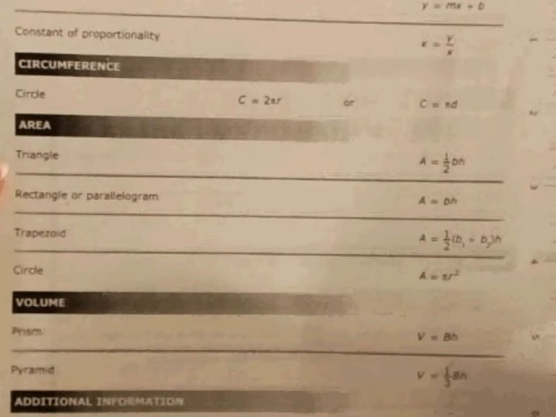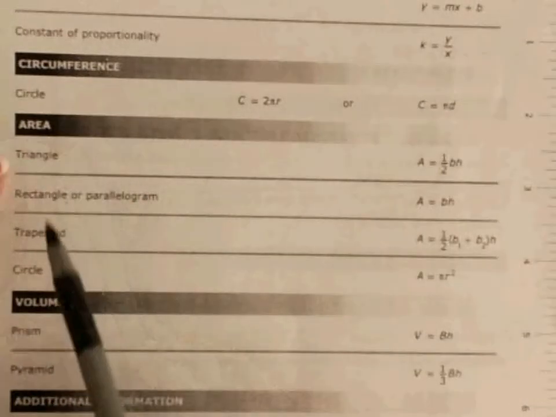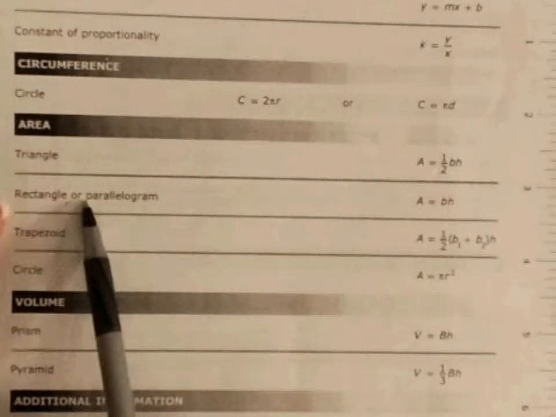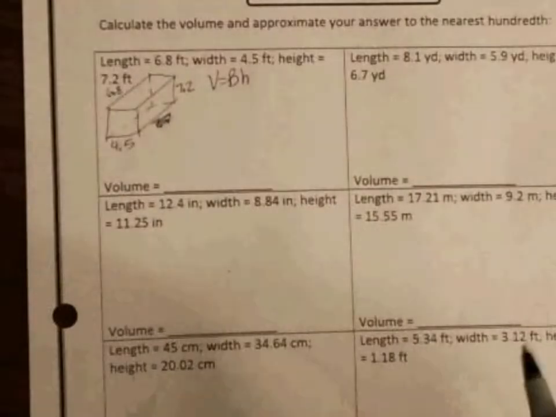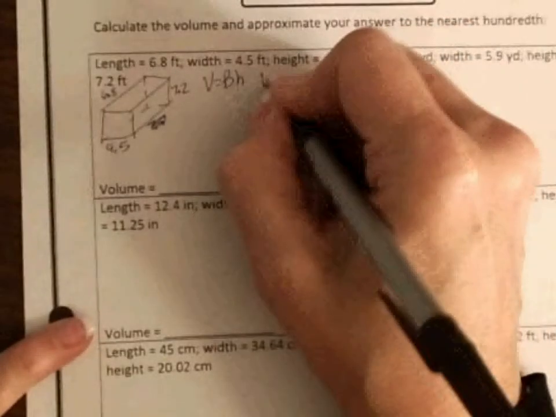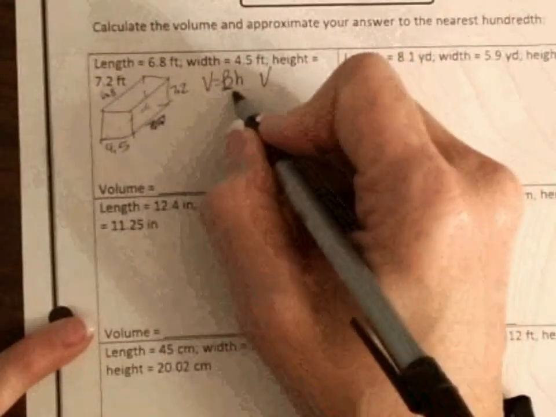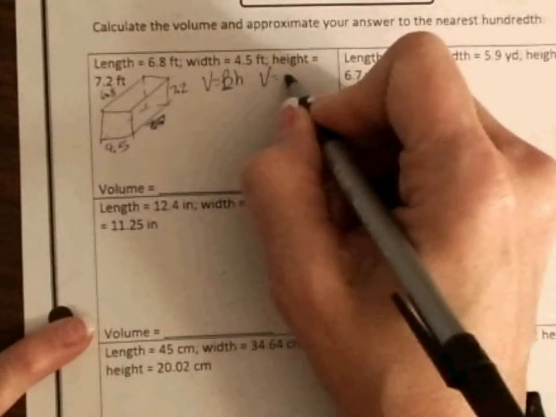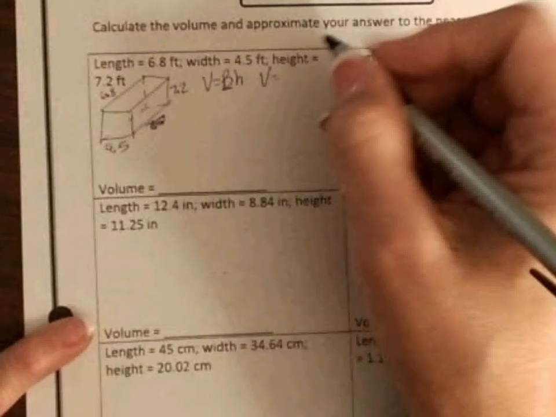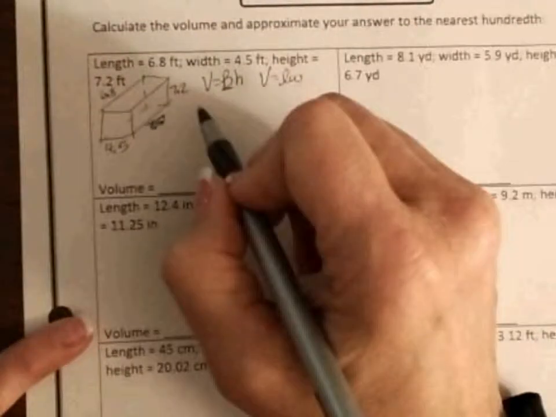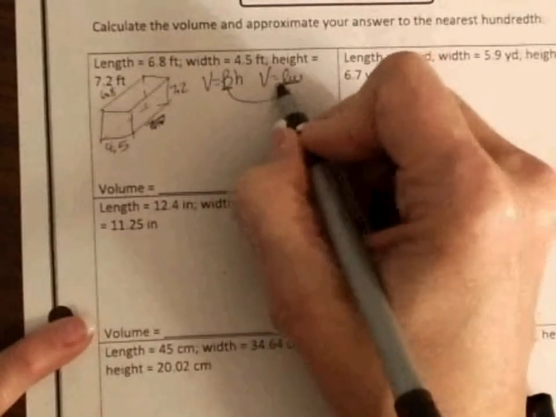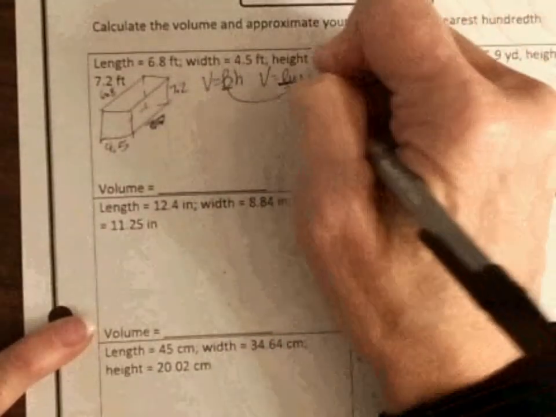We know these are rectangles, so now look back at your formula chart. Area of a rectangle or a parallelogram is base times height, little b times height. So we're going to substitute that in for this b. And I'm going to actually call it length times width in this case. So this b is this length times width times height.